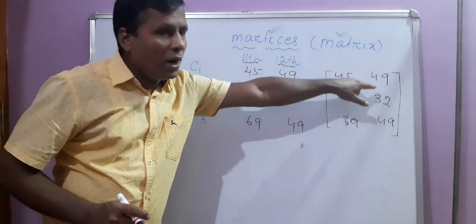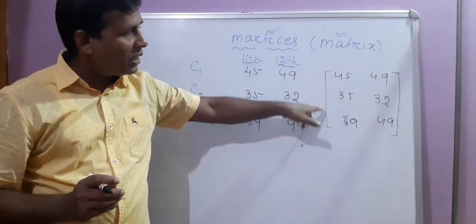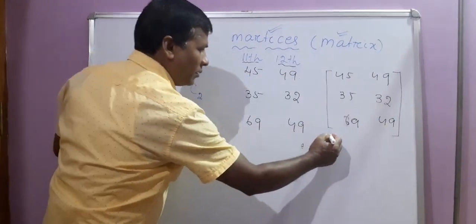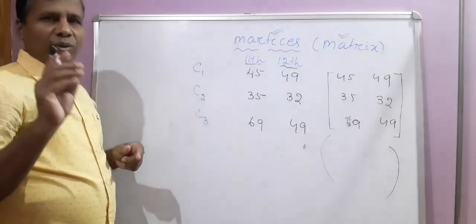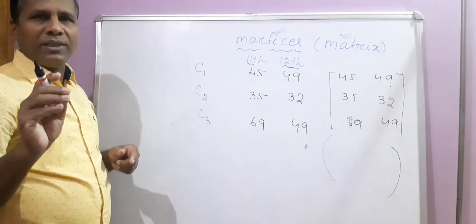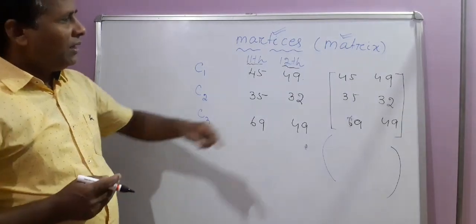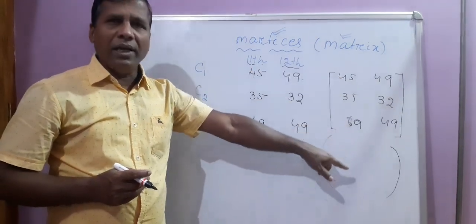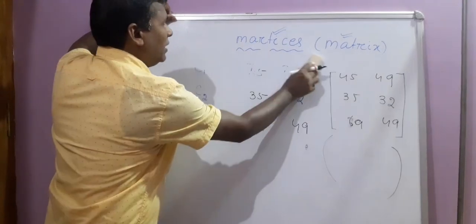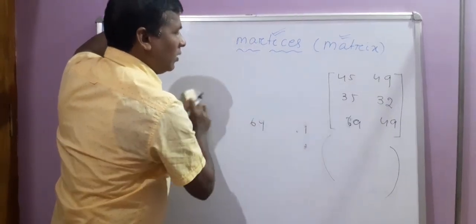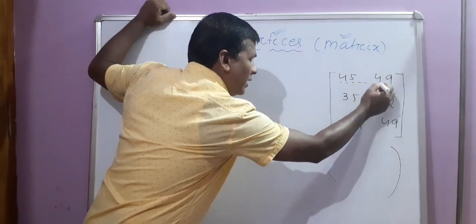These are known as the elements of the given matrix, arranged within a square bracket or these symbols. So this is called a matrix system. How do we define the number of elements in rows?